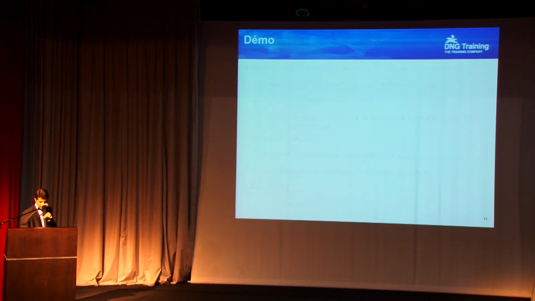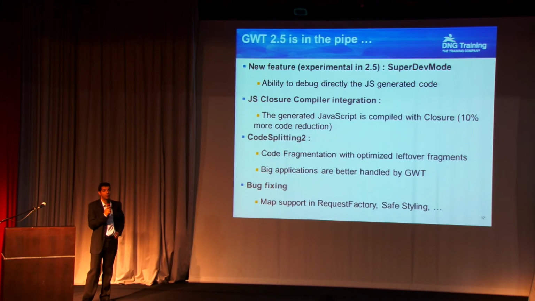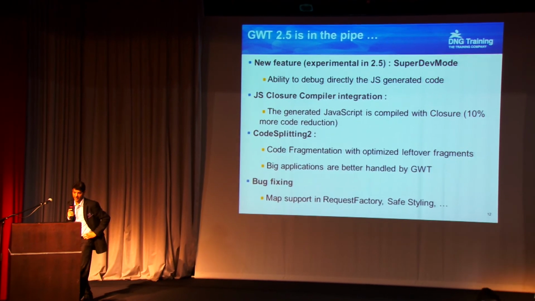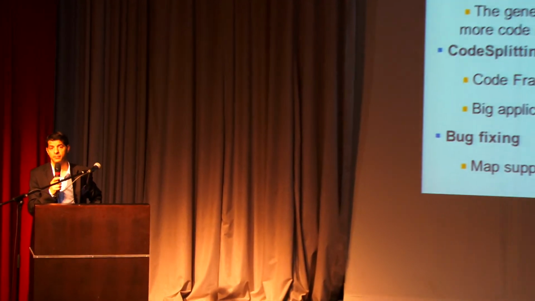Okay, I'm going to finish with the last slide, talking about GWT 2.5. We have many new features which are expected to come during the summer. We hope so. The super dev mode, which is a kind of JavaScript, will be generated and you will be able to breakpoint the final JavaScript code.